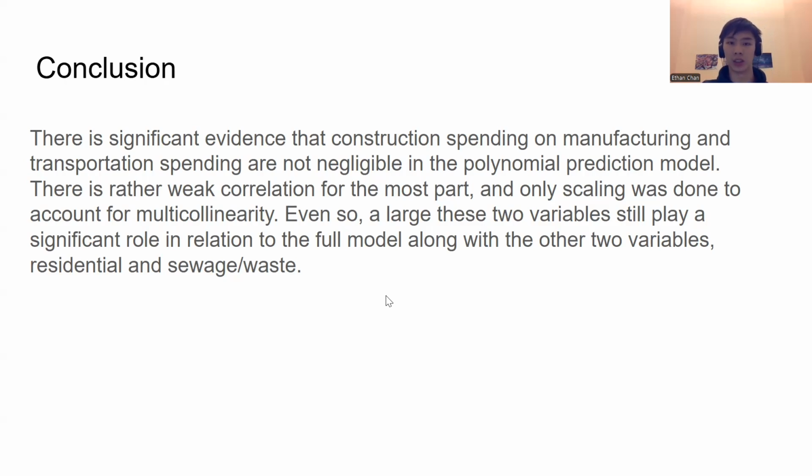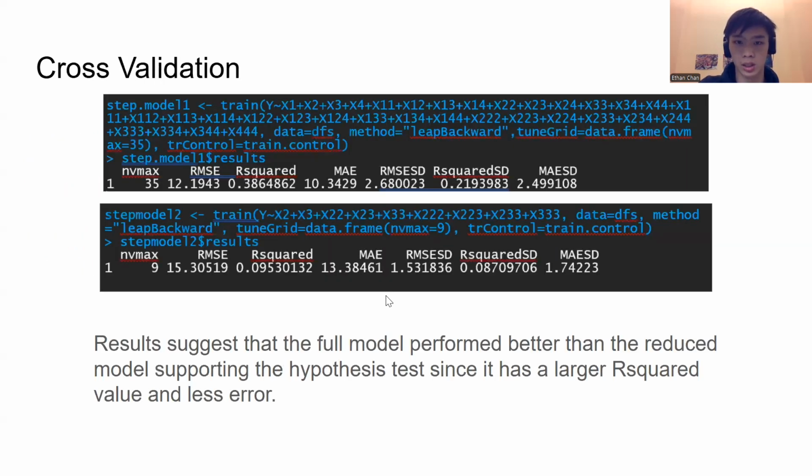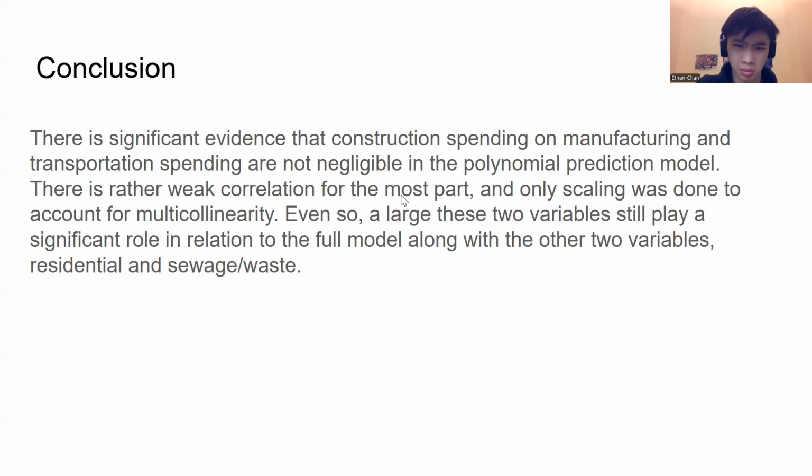It is a weaker correlation, and as you can see here, however, and also the multicollinearity, the only thing we did to account for it is scaling and subtracting the mean, dividing by the standard deviation. And even so, we see that these two variables play a significant role in the full model itself.